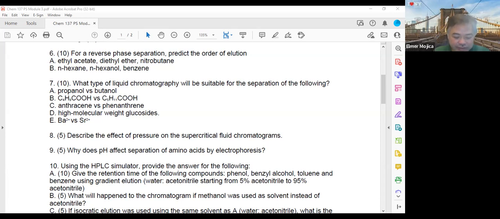Tapos meron kang tinatawag na adsorption. Tapos meron kang tinatawag na yung size exclusion. Okay, and then you also have the so-called ion chromatography. At ano pa yung isa? Yung affinity chromatography. Hindi kayo nanonood.